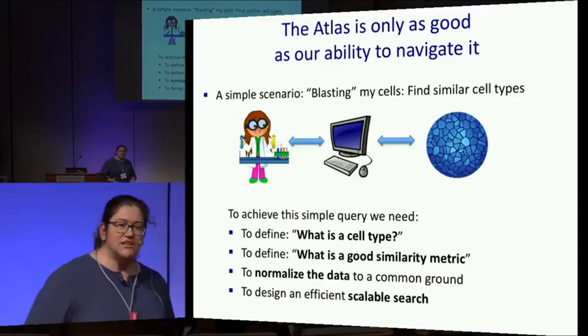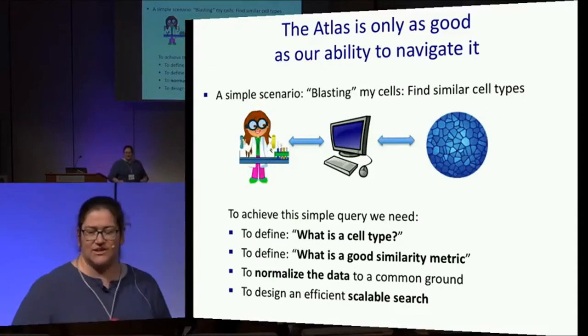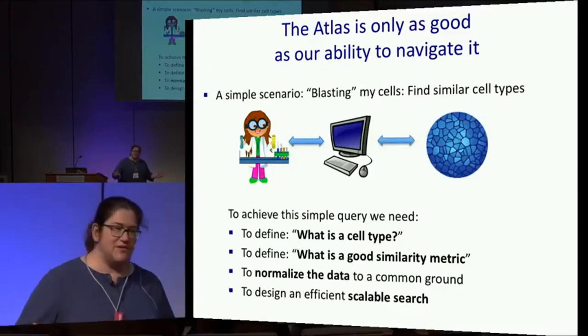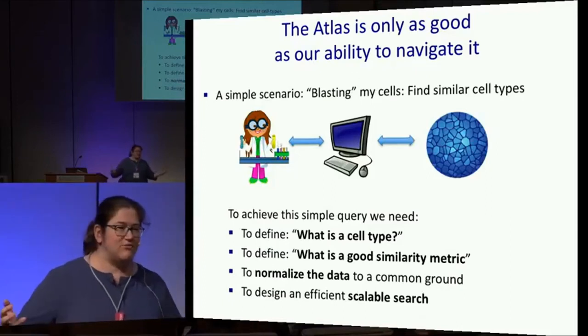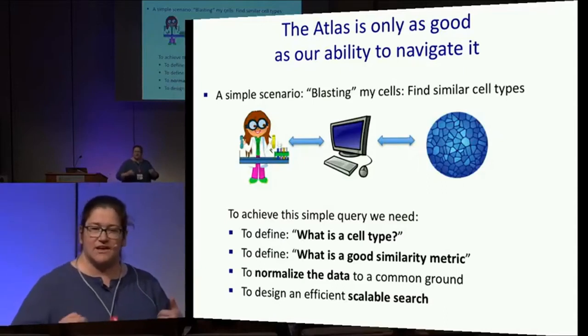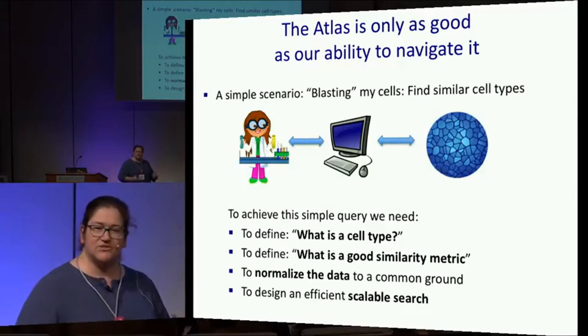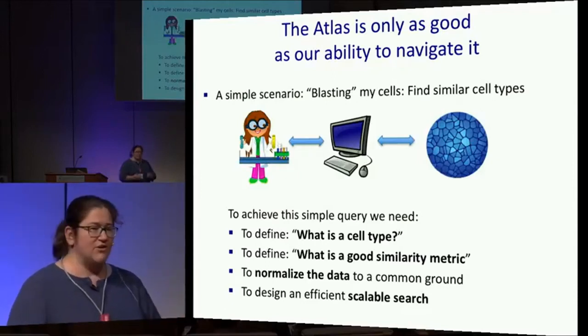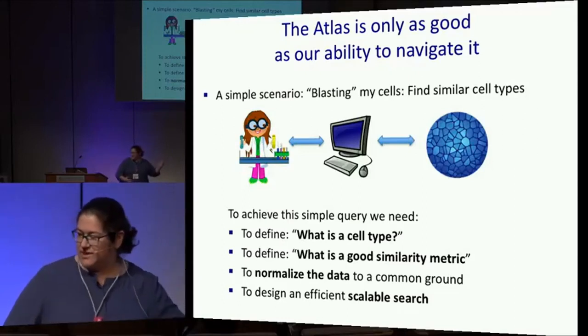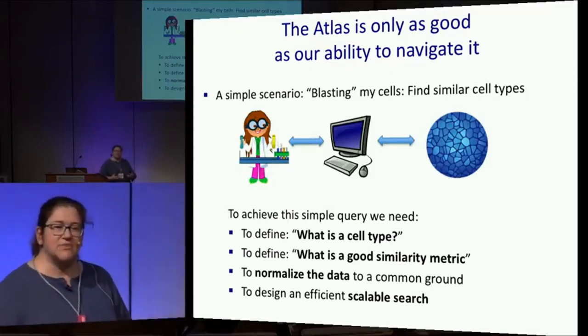And even something as simple as that is actually quite complex, and we have to think as a community. Because we've been hand-waving what is a cell type, and I'll admit I will also hand-wave what is a cell type, but one of the things we have to come together as a community is define it. If we want algorithms, if we want a framework in which we can search, discuss, and compare, we first have to nail a more formal way of defining a cell type. What is a good similarity metric?